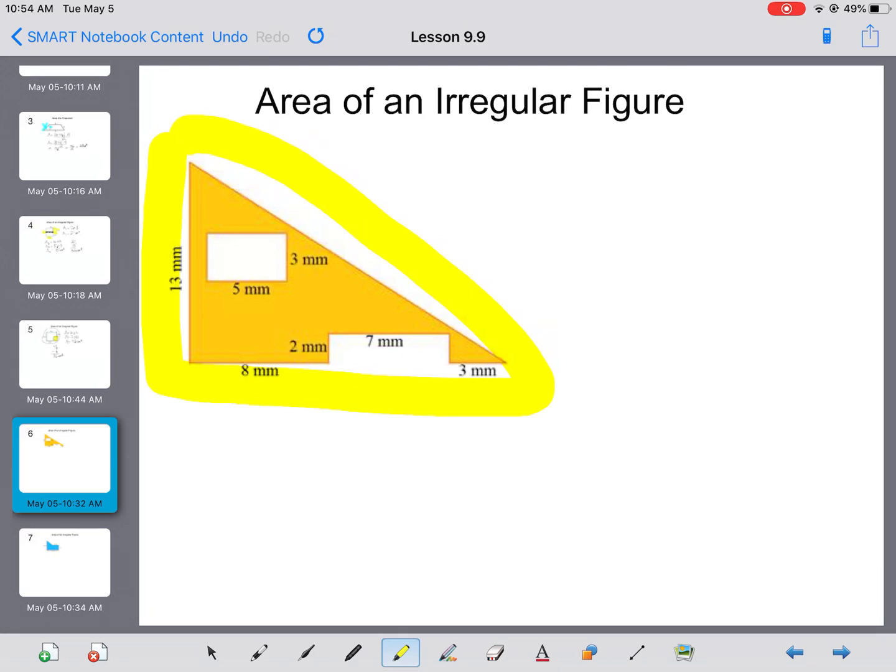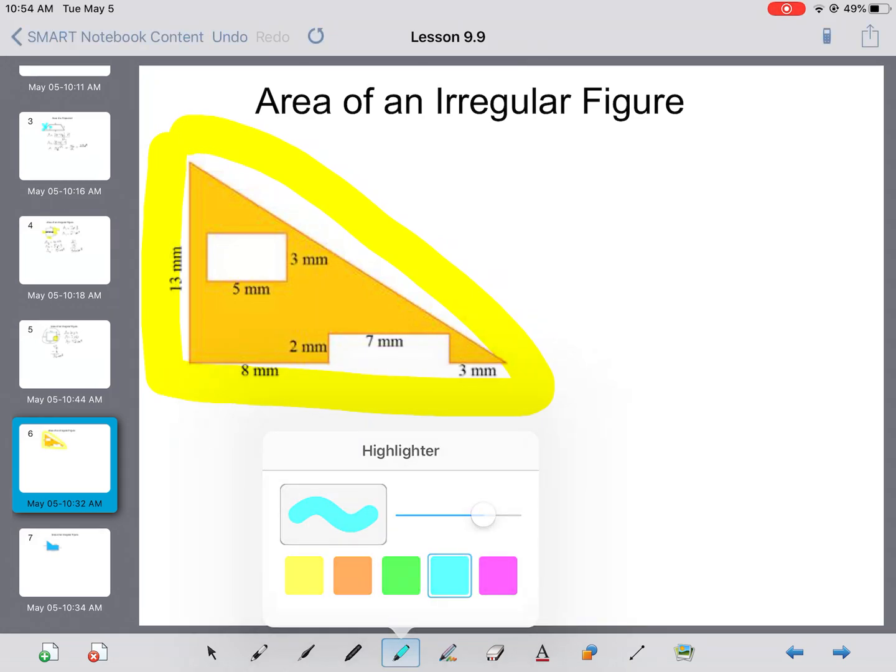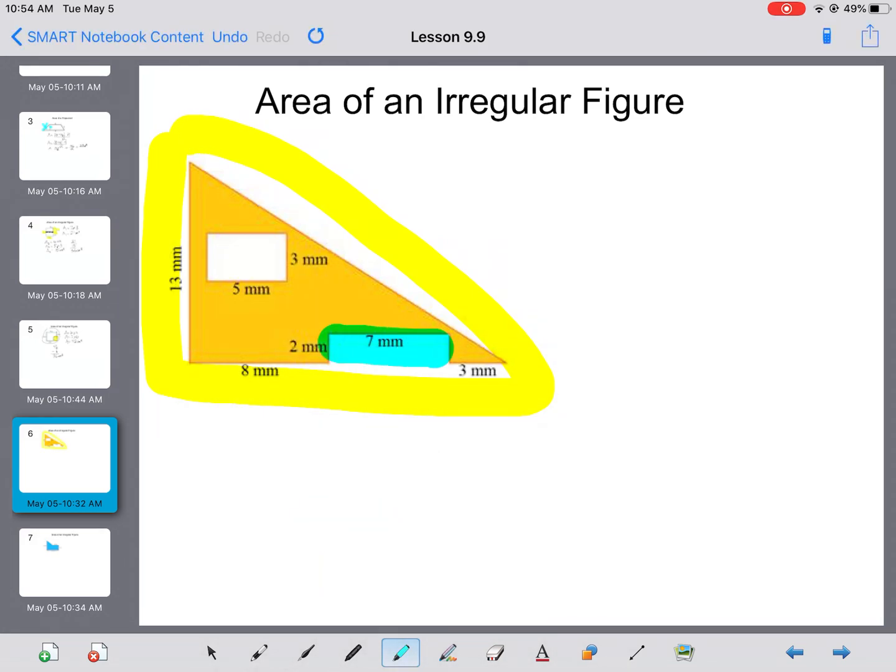Then I notice that I'm missing chunks of rectangles within my triangle. And I know how to find the area of triangles and the area of rectangles. So just like in the slide before, I'm going to pretend the whole triangle is there and start by figuring out the area of my triangle.